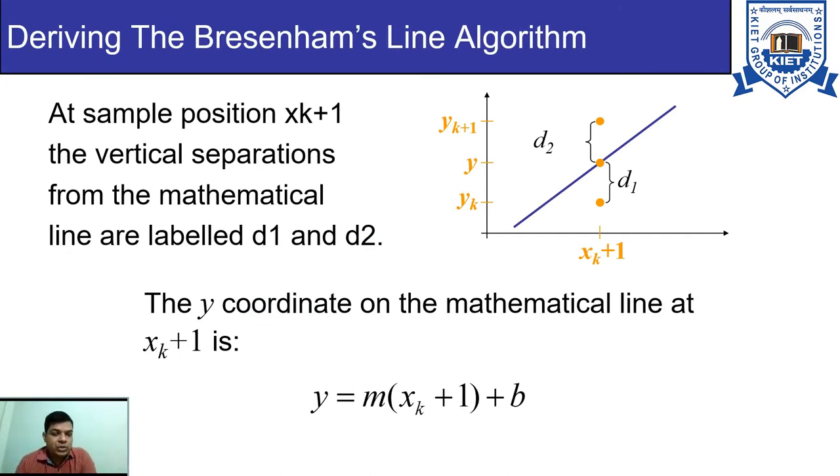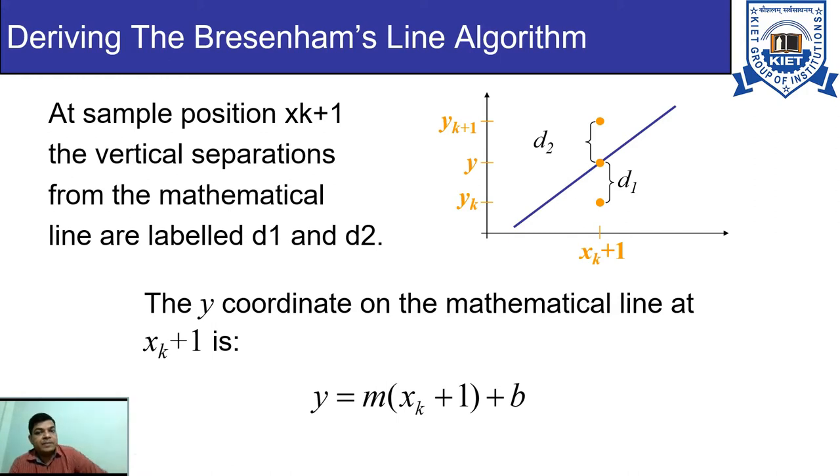So how do we choose the pixel? Initially we have plotted xk comma yk, and the next incremented value is xk plus 1, and we don't know whether we should activate the pixel at yk or the pixel at yk plus 1. So we take two distances.